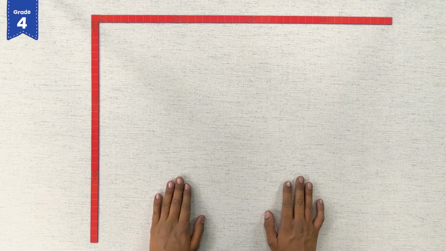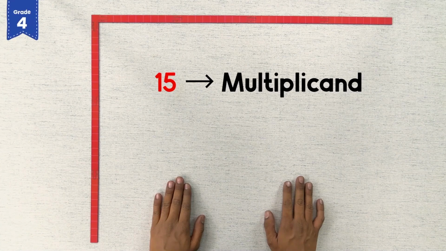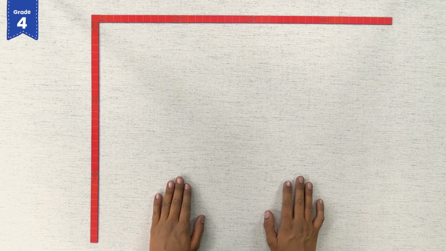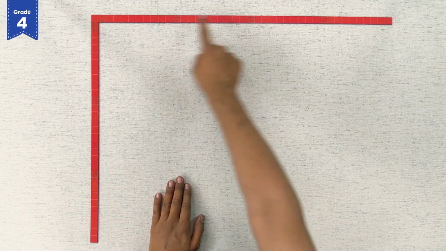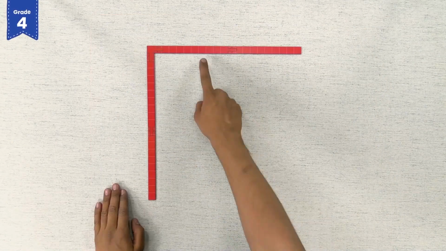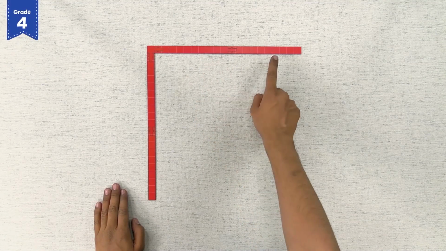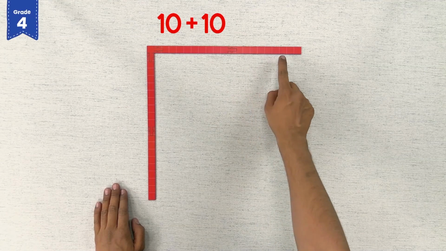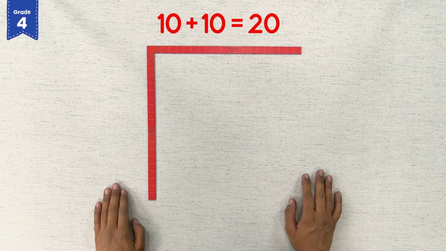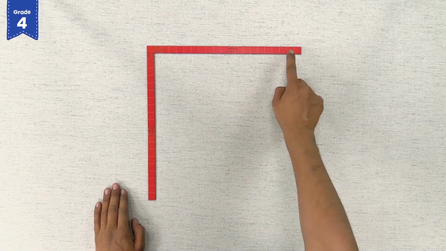To represent the number 15, which will be referred to as the multiplicand, we will represent the multiplicand on the horizontal side. We can use 1 boundary stick and 1 boundary end stick, which makes 10 plus 10 equal to 20 individual blocks for the horizontal side.